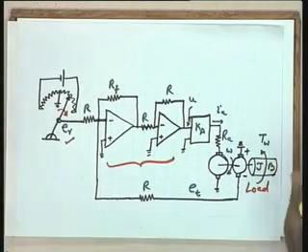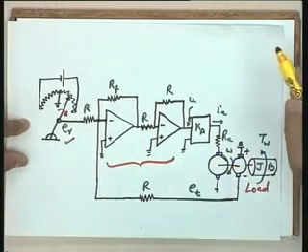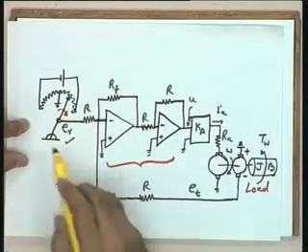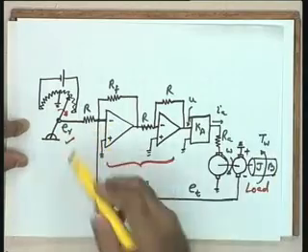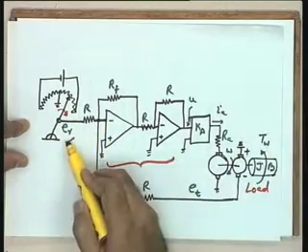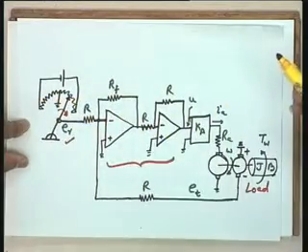Omega r is the commanded speed, and you want omega to follow the commanded speed omega r. So, proportional to omega r, I set a signal ER; a larger omega r means a larger ER, and I can set it accordingly by setting the wiper on the potentiometer.